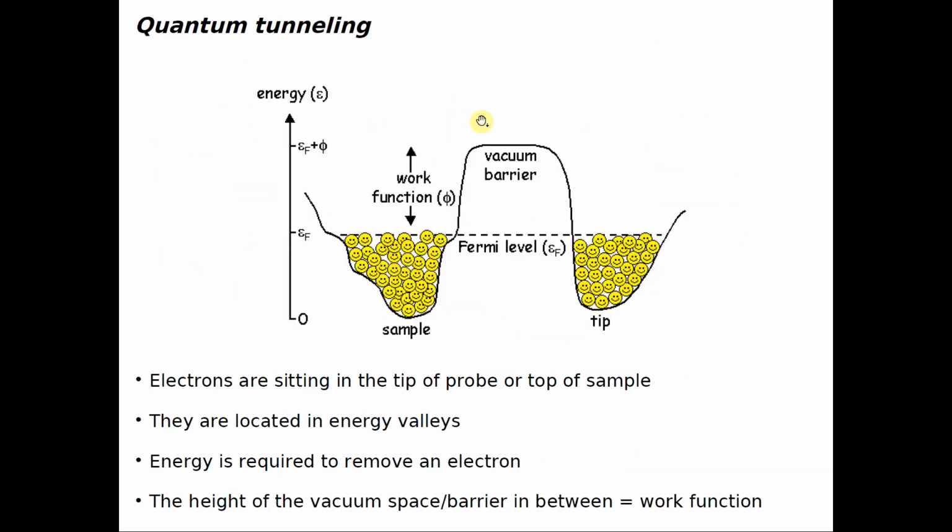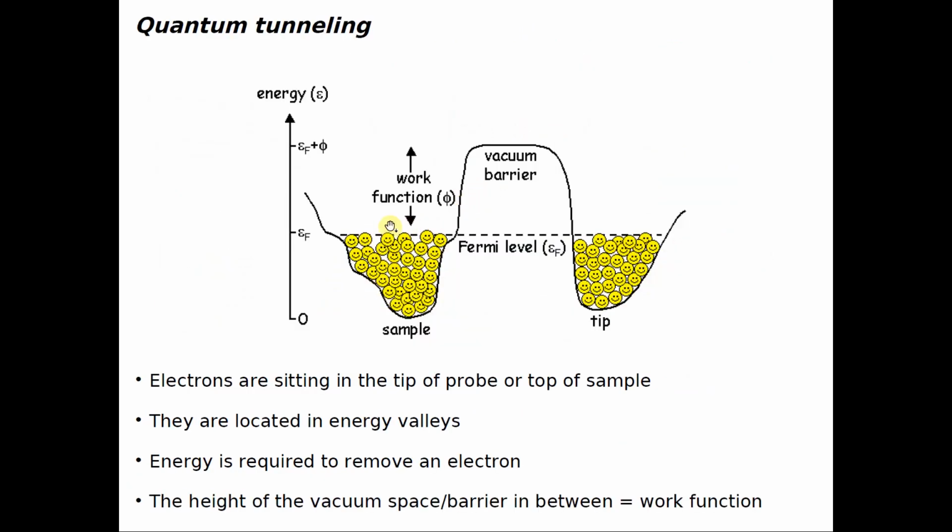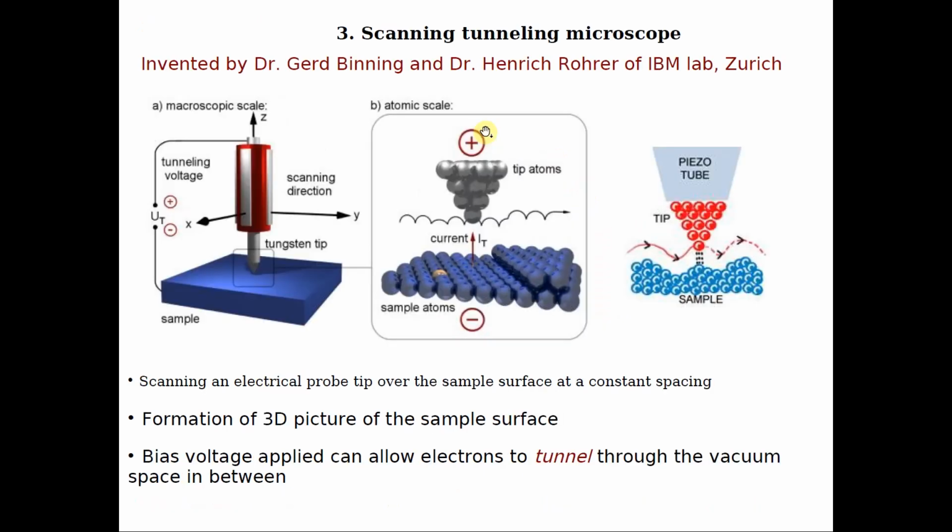Suppose we consider the energy distribution at the sample level and also at the probe tip level. I consider these as the electrons at the sample level and these as electrons at the probe tip level. The gap between the probe tip and the sample is going to act like a barrier.